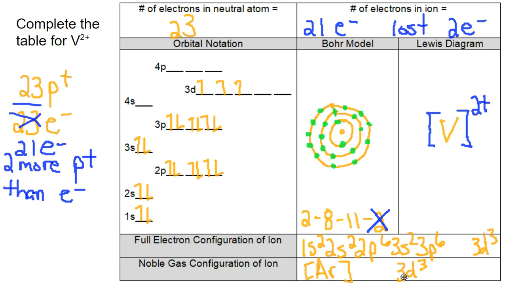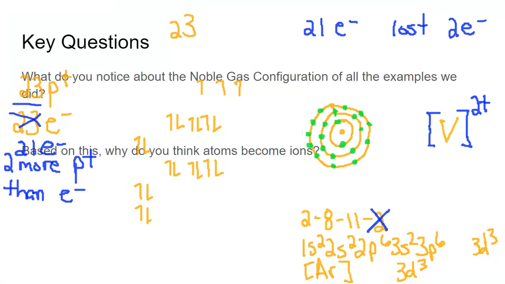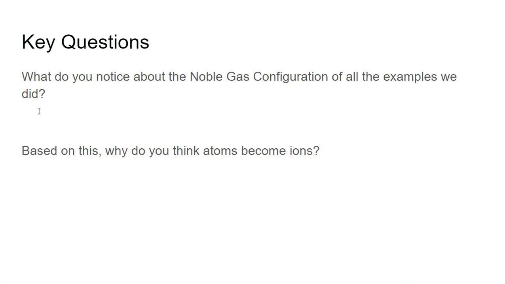Okay, but for practical purposes, the electron configuration of the ion is essentially argon. Okay, so the answer to this question is that hopefully you noticed that when an atom becomes an ion, it attains an electron configuration of a noble gas, or extremely similar to a noble gas.